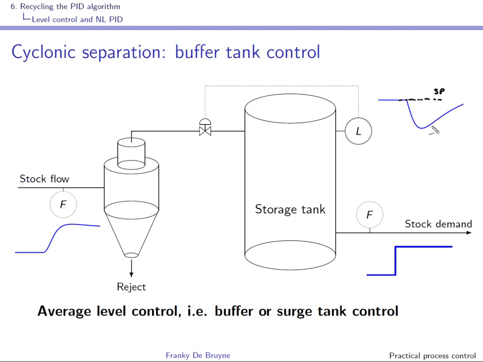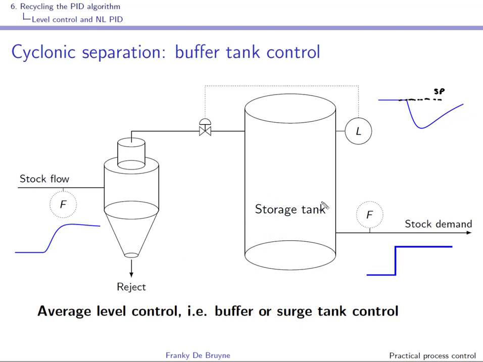Of course, in the end, slowly PV will return to set point, but these large excursions around the set point will smoothen this step-like stock demand at the output of the storage tank to something that looks like this, and that is not as sharp as what we have seen previously with a tight level control, and this will be acceptable for a good operation of the cyclone.